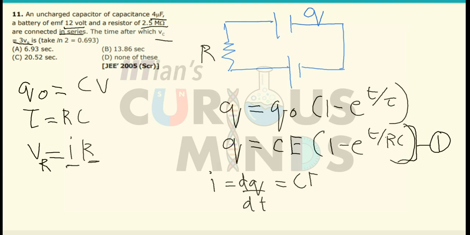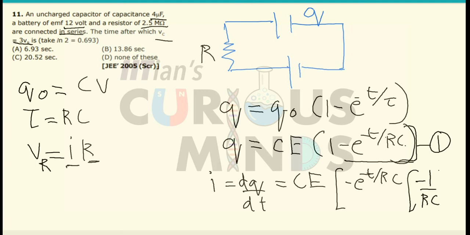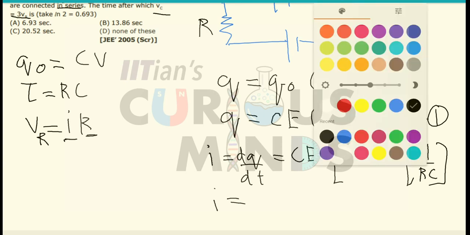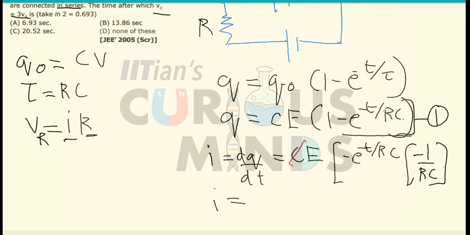that is equal to dq by dt, which is equal to C into E into, when I differentiate, this will be constant, the differentiation of 1 is 0, and the differentiation of minus e raised to minus t divided by RC will be e raised to minus t by RC into minus 1 divided by R into C. If I simplify this part, C and C will get cancelled out.